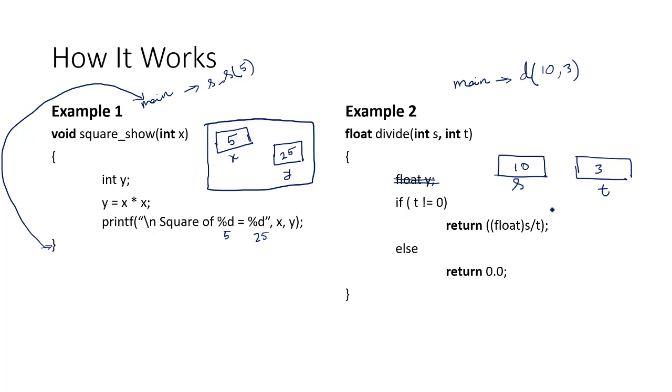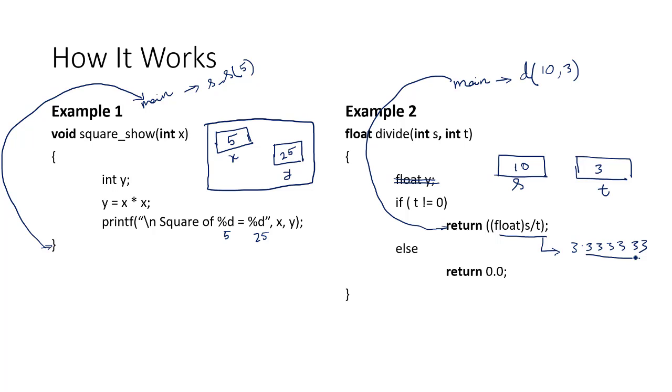So this operation will give me 3.33333, and after the operation is over, when we get the actual value, it will return the value to the main function. So from this statement, it will go back to the main function and return this value to the main function.